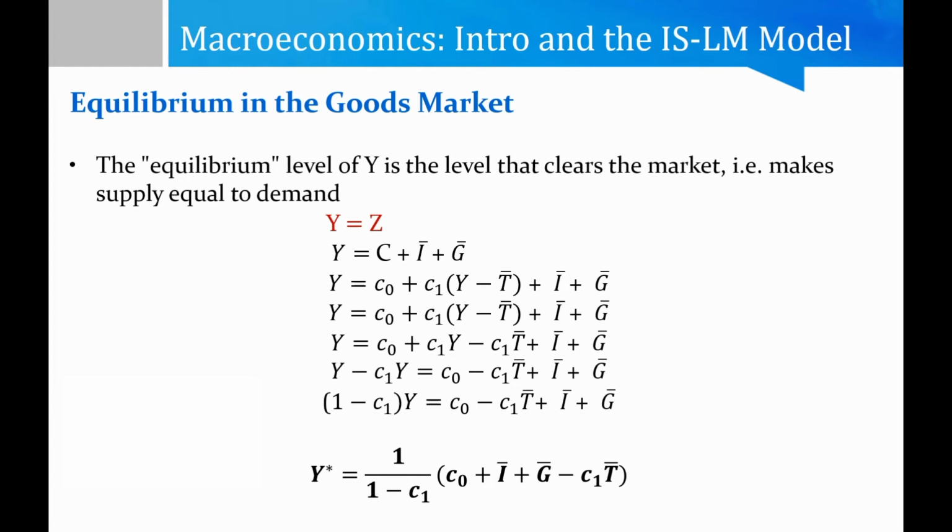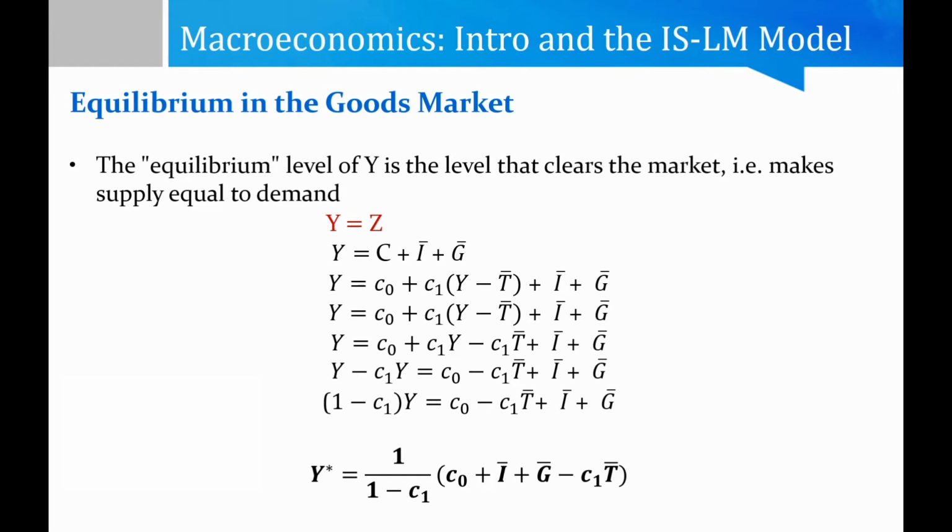So, we moved C sub 1 times Y to the left side, because there is Y on the left side. And again, when we transfer the term to the left or to the right, its sign changes.